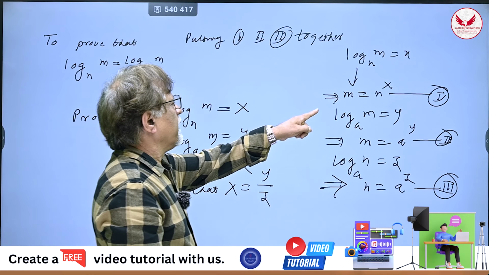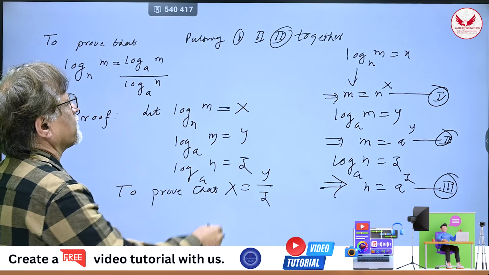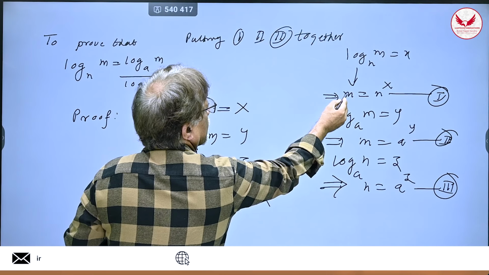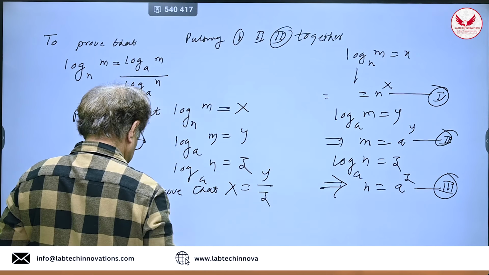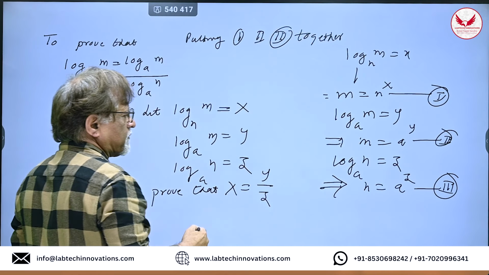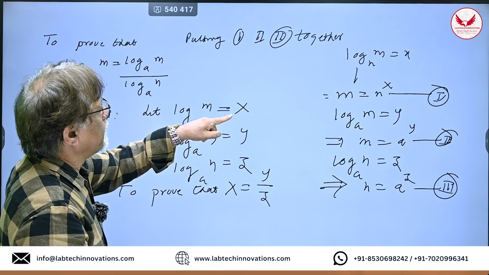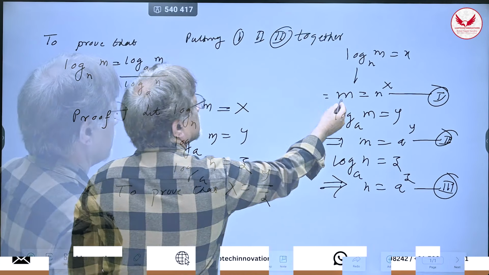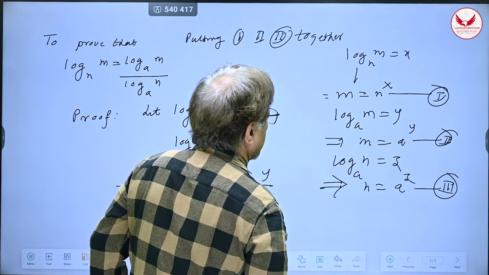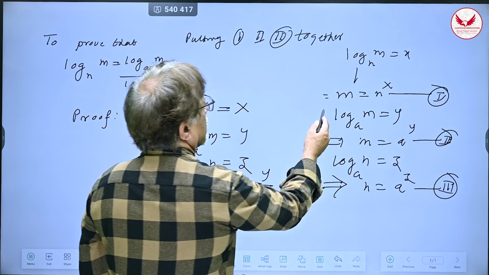So this is the statement: m is equal to n raised to x. Look at here, m is equal to a raised to y and n is equal to a raised to z. So what is the relation between them?